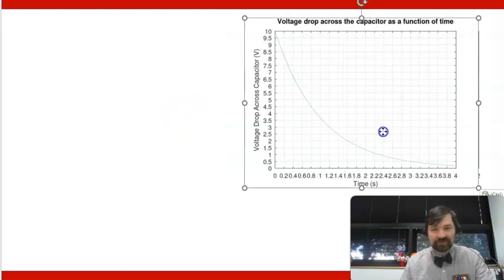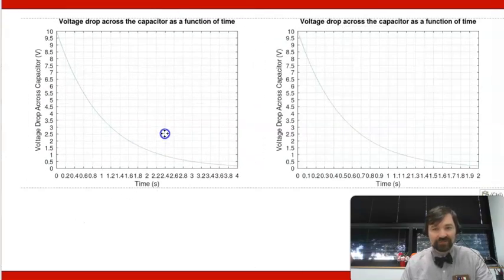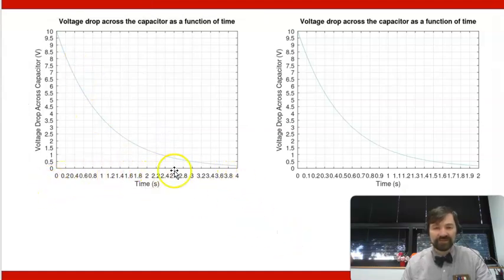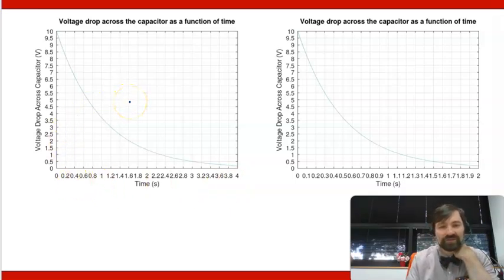The graphs themselves look similar at a glance, but if you look at the time axis, so the x-axis, everything's the same, the shape is basically the same. This one right here was with R equal to 2,000 ohms. This one right here was R equal to 1,000 ohms.